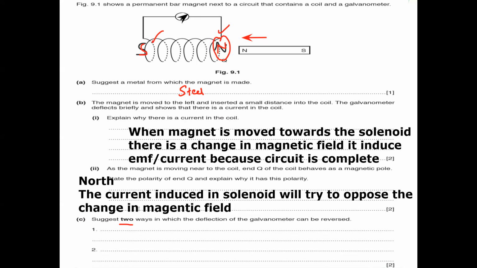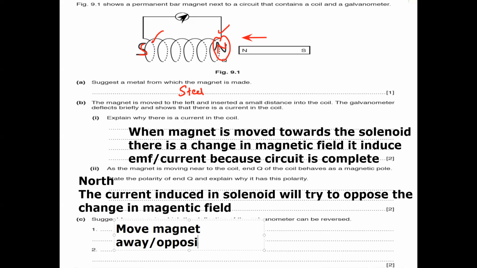Number one, we can move the magnet away, because first we were moving towards, so we can move the magnet away, in the opposite direction to the original. That is the first thing.